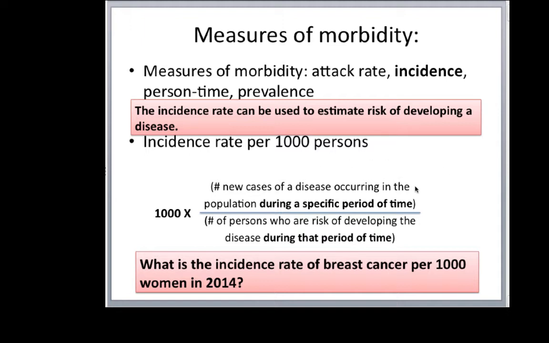All right, and so to calculate the incidence, remember, it's the number of new cases occurring in a particular population during a specified period of time, right? Divided by the number of people in that population who are at risk of that disease during that period of time, all right?